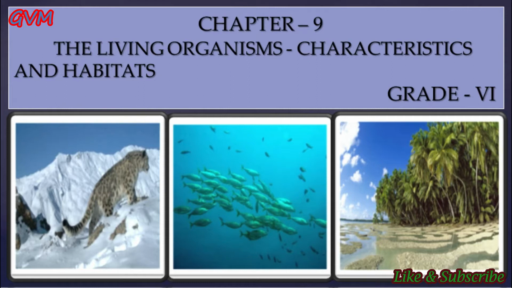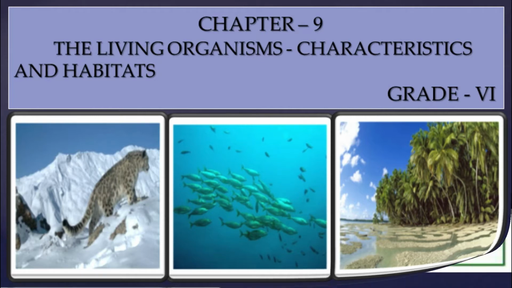And at the last, this chapter explains some characteristics of living organisms such as their need for food, respiration and excretion, response to the environment, reproduction, growth and movement. So students, now let's start.